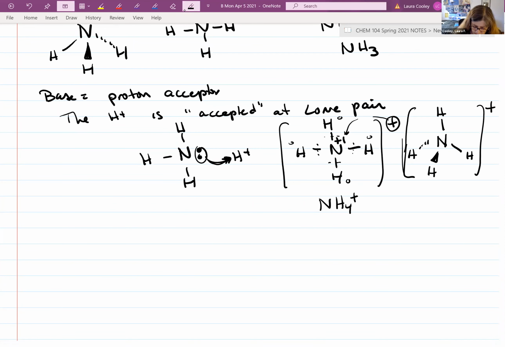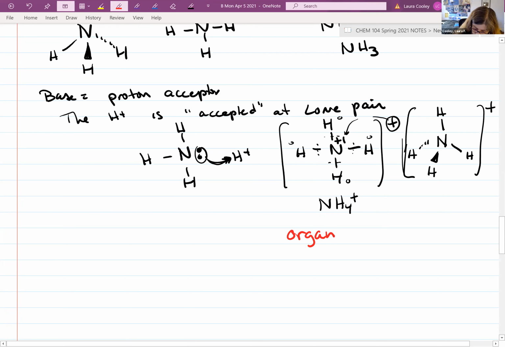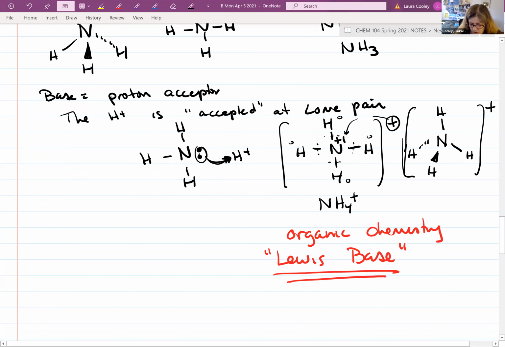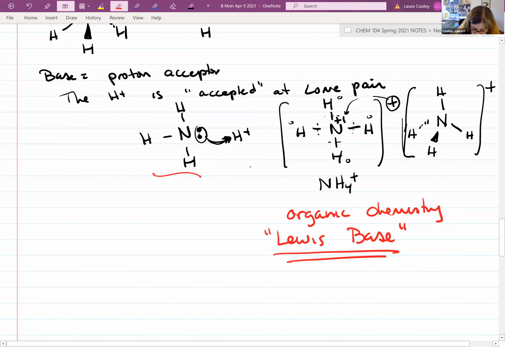I do want to mention something though. When you take organic chemistry, there is a term called a Lewis base. It's very important in organic chemistry, and it really involves reactions that are really the same as this. So we say that NH3 is a weak base.